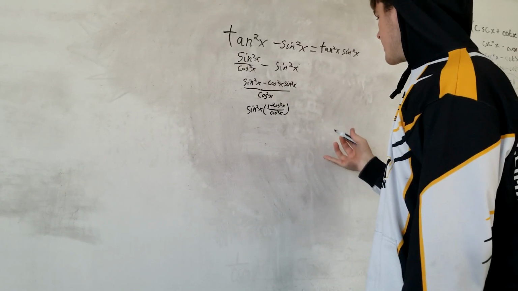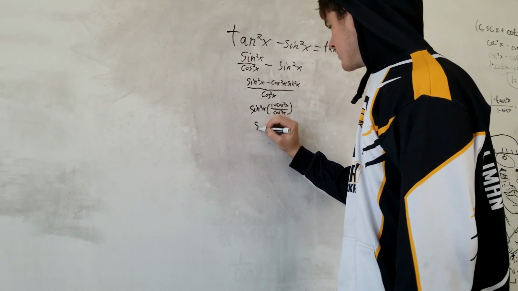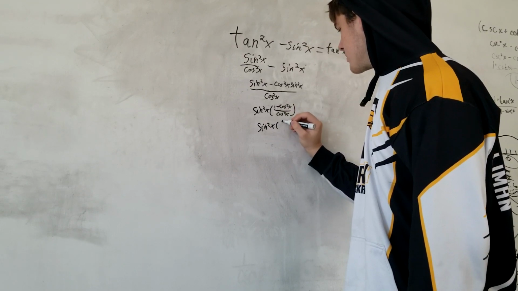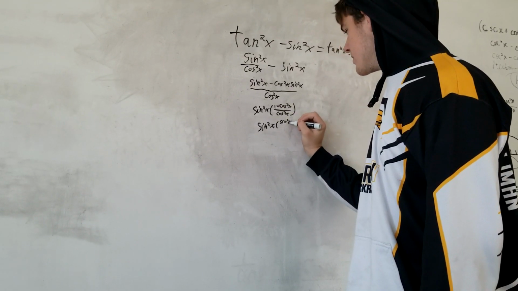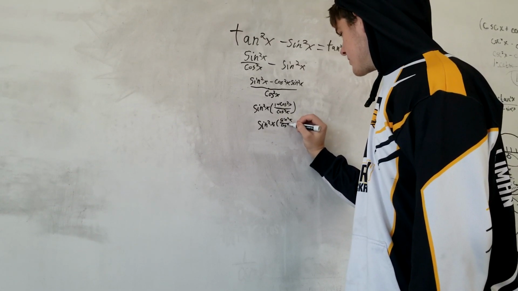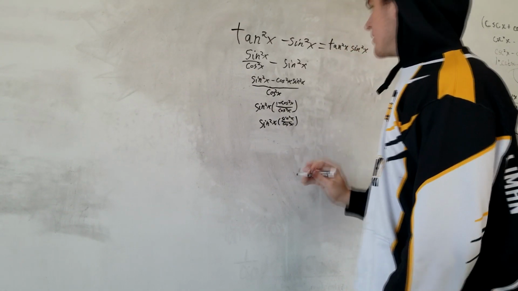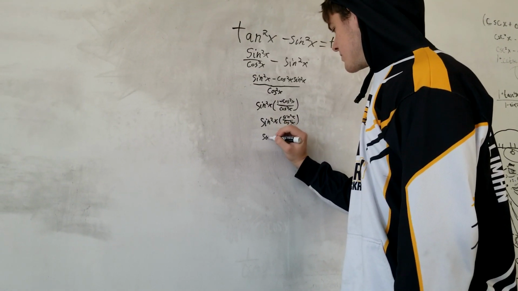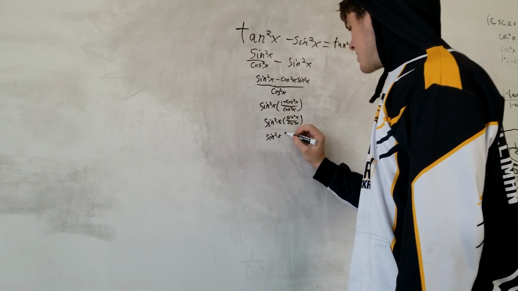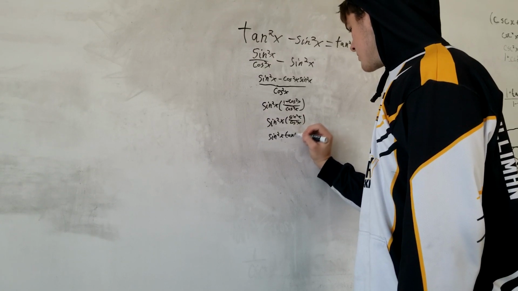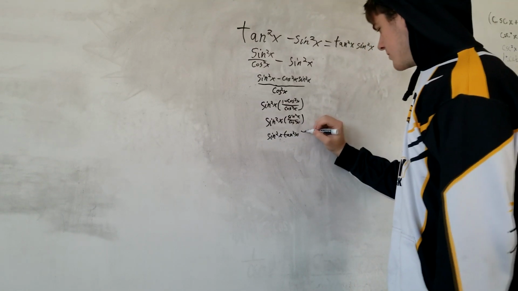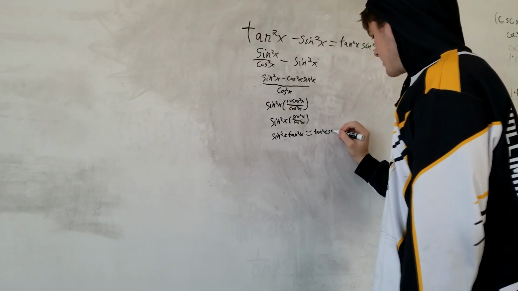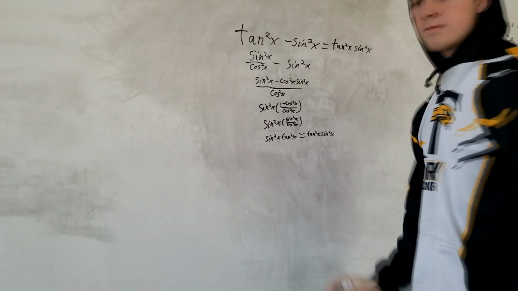And by doing that, you can turn this into sine squared x times sine squared x over cosine squared x, and sine squared x over cosine squared x equals sine x times tangent squared x, and that is equal to tangent squared x times sine squared x.